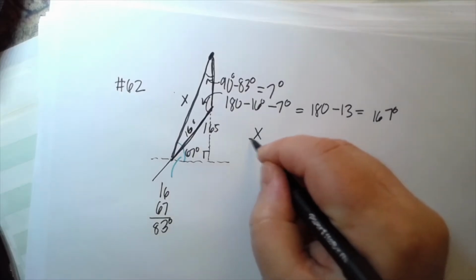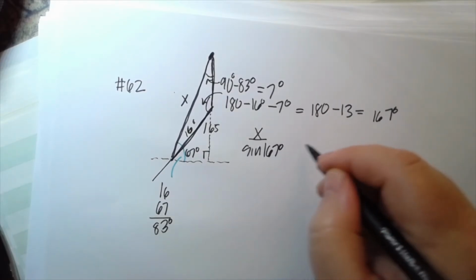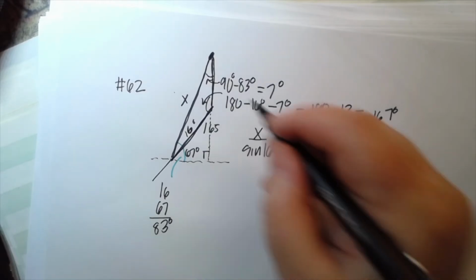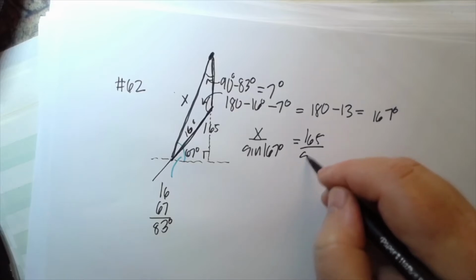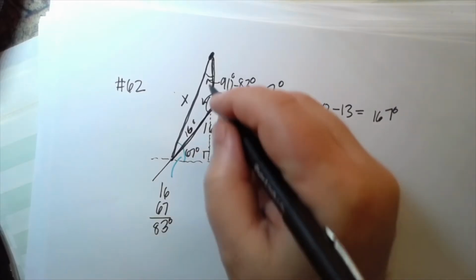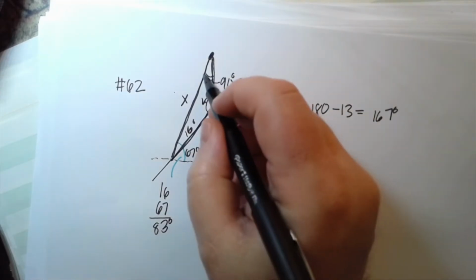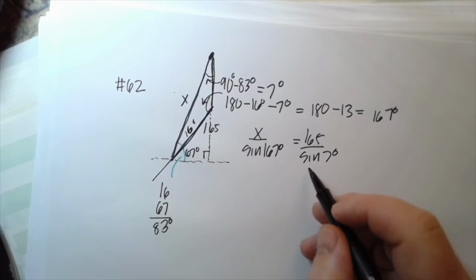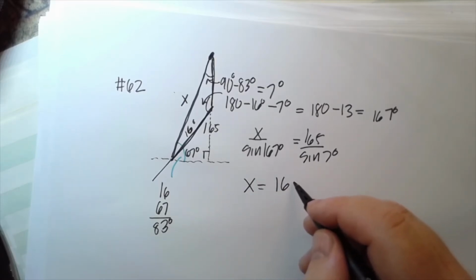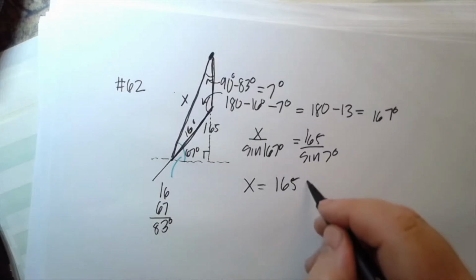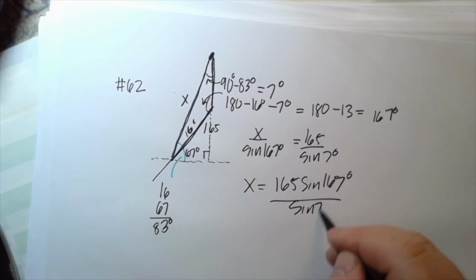I know x over the sine of 167 is 165 over the sine of 7 degrees, because that side is opposite this angle. So I have x equals 165 times the sine of 167 degrees over the sine of 7 degrees.